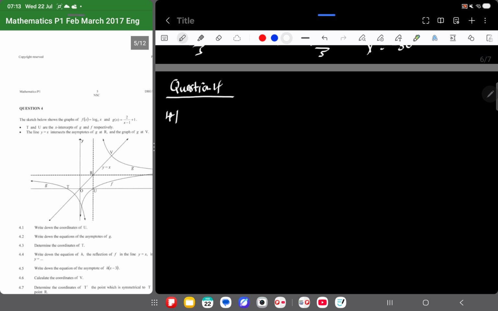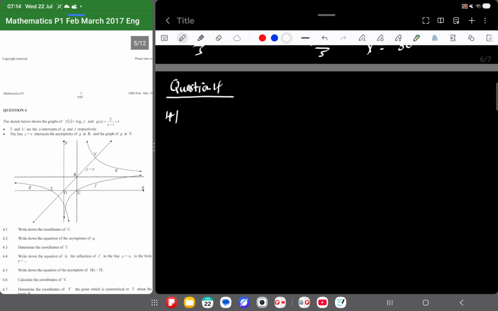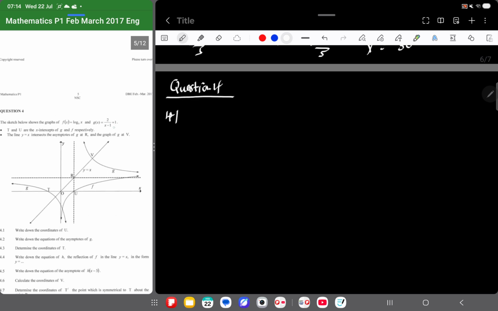4.1. Write down the coordinates of U. In this question we are given 3 different functions. We have a straight line, which is y = x, then we have a hyperbola, which is the graph of g(x), and we have a logarithmic function, f(x). To get the coordinates of U, we use the fact that we know the asymptotes of g, and that gives us the value of U. Look at the denominator there.